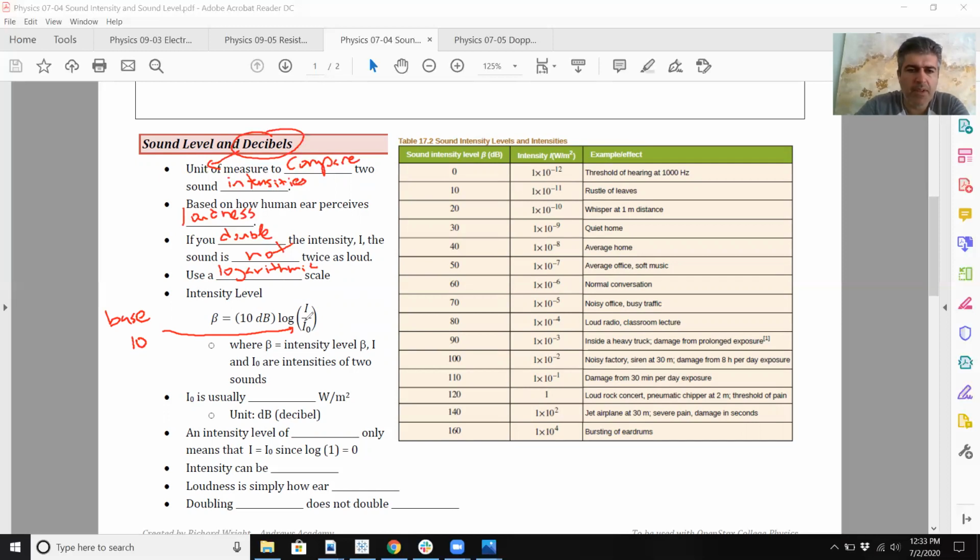Not what you'd expect. Beta is the intensity level, I and I0 are the intensities of two sounds, and I0 is usually going to be, I believe, 1 times 10 to the negative 12 watts per meter squared. An intensity level of 0 only means that I equals I0, and log base 10 of 1 is just 0 in that case.